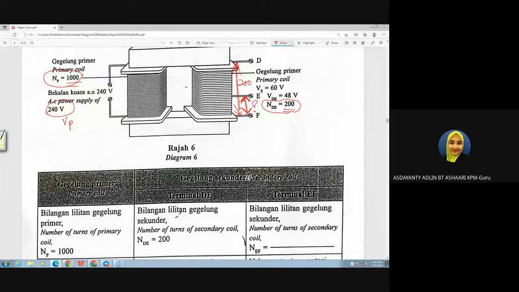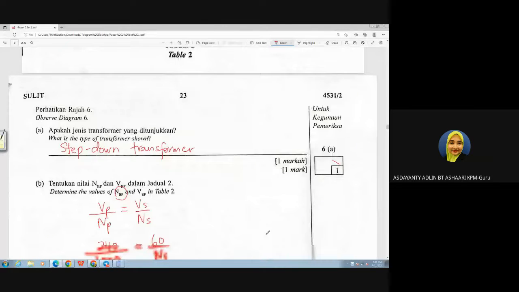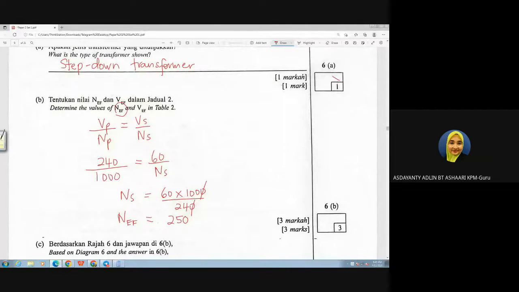Okay. So we have to find the number of EF. So the question asks for the number at EF. So 250 minus 200. Okay, so we get 50. For the number of secondary we write here 250. So to find the number of EF, minus 200.